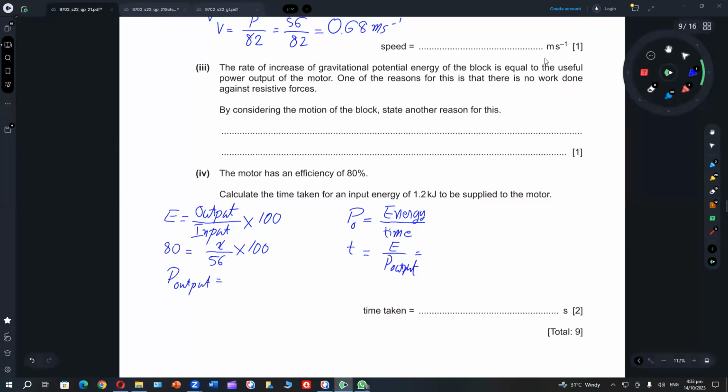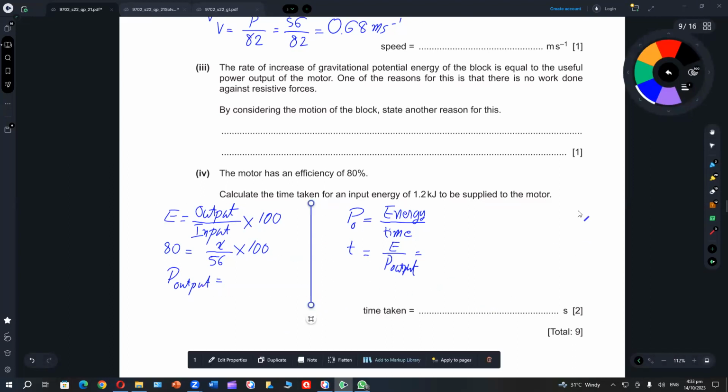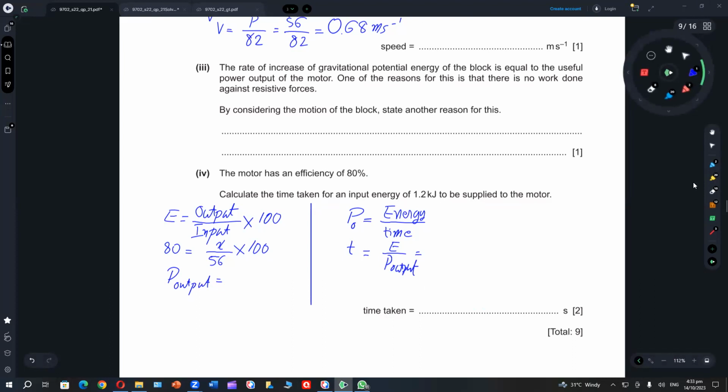Now solve this. First find the output power and then put it back and find the time. Is the output power 44.8?